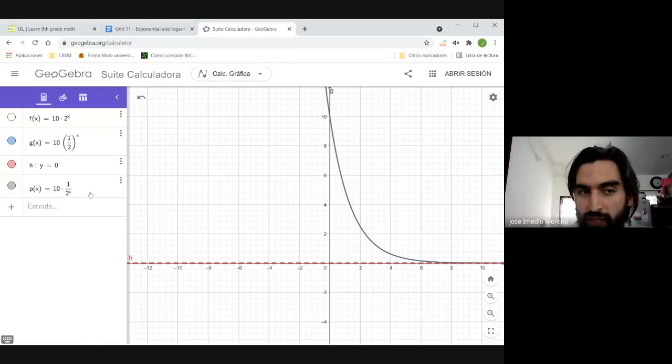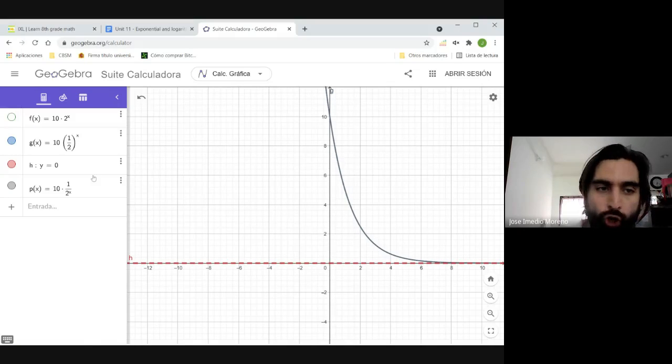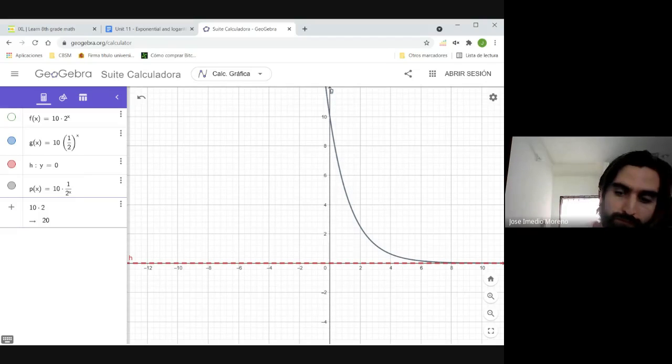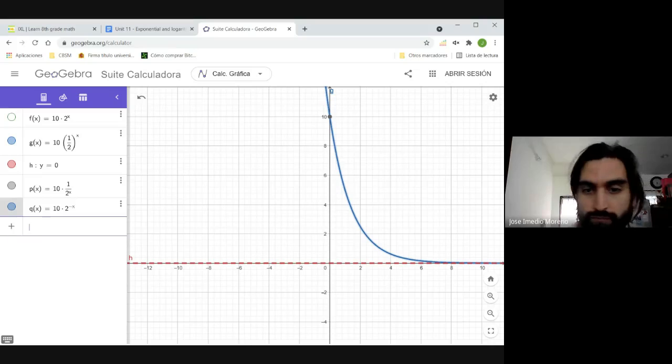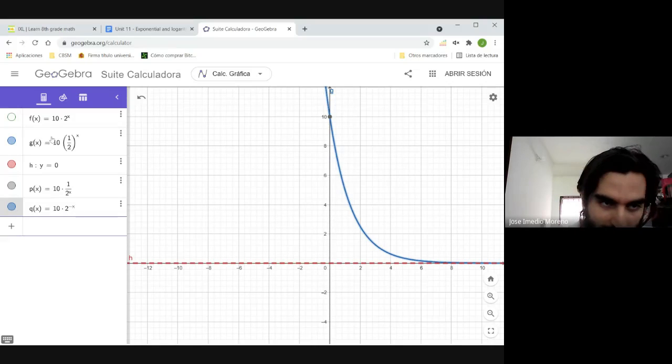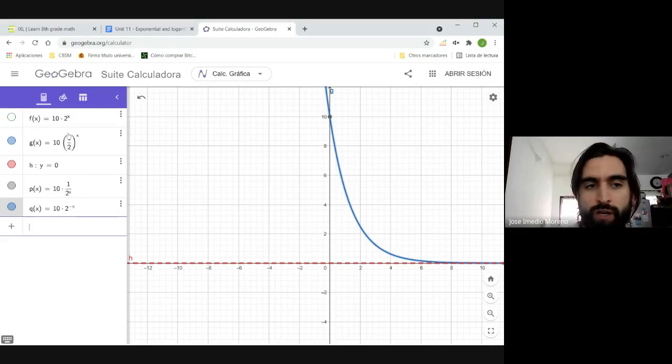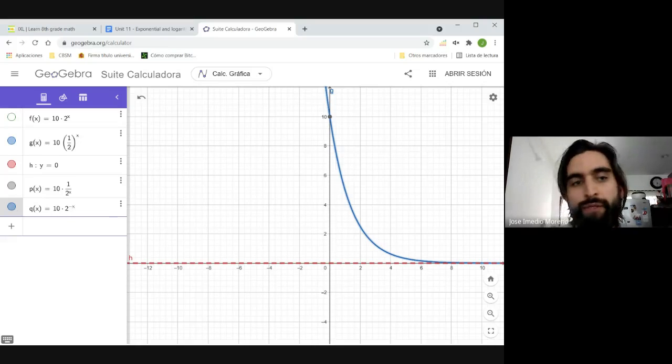This one is okay. But we can also see it written like this. This thing and this thing are exactly the same function: 10 times 1/2 raised to the power of x, or 10 times 2 raised to the power of minus x. They all represent the same thing.